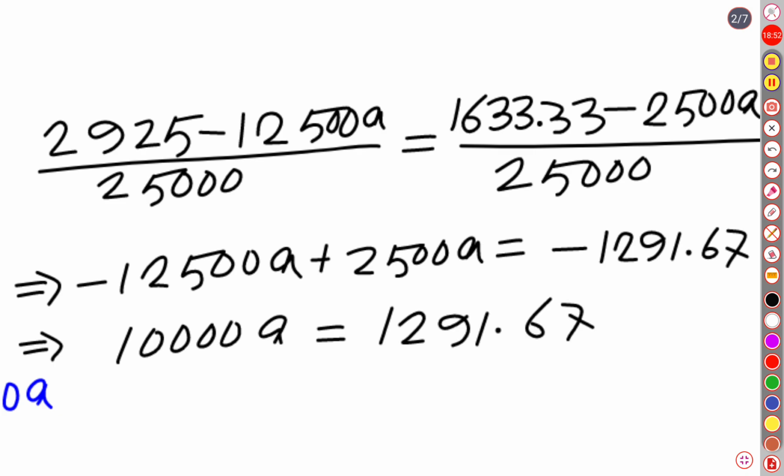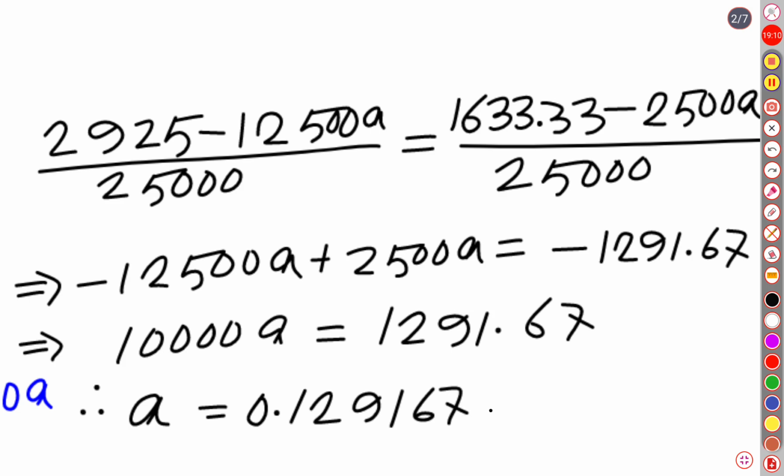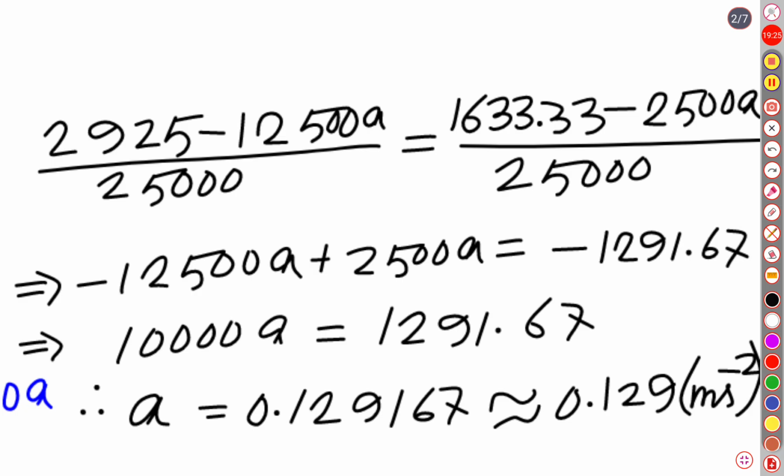So if we divide both sides by 10,000, acceleration is going to be 0.129167. If we round it to three significant figures, it may be 0.129 meter per second squared. That is the value of acceleration a.